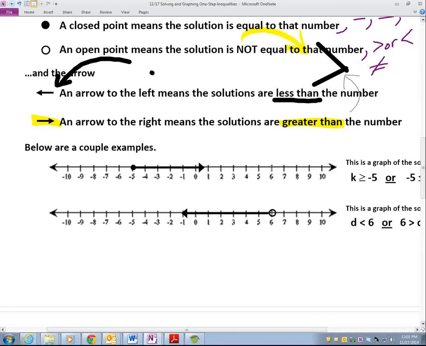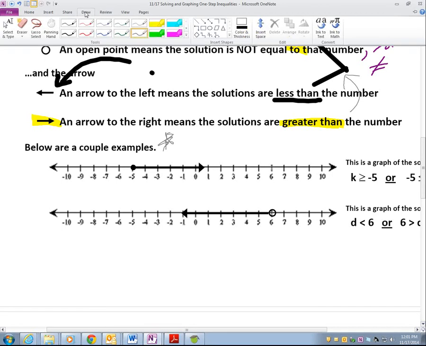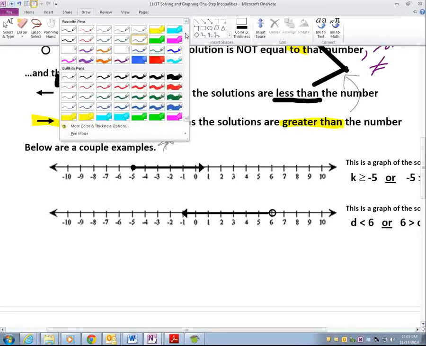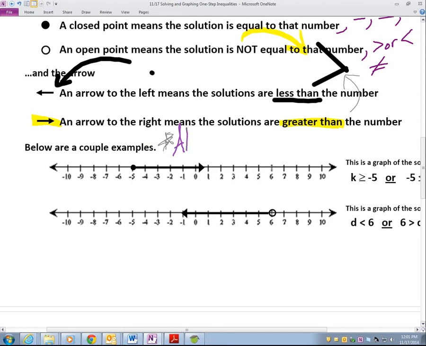Now, here is a major point that is not put in these notes. I want you to write here: always have variable on left.